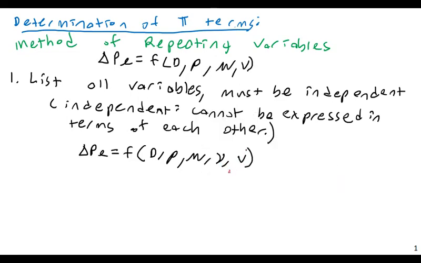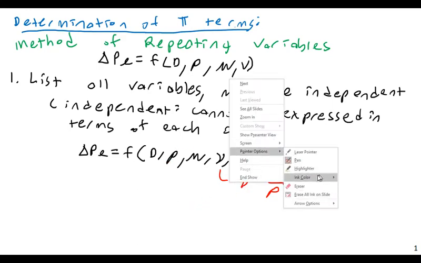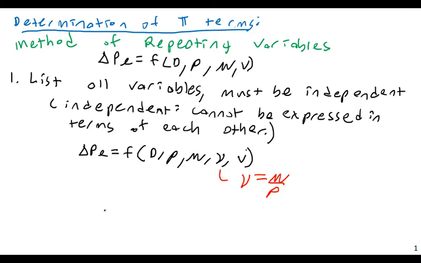I know that one viscosity can be expressed in terms of another. So, if we remember from previous lectures, nu is equal to mu over rho. This isn't going to work. In order to be independent, I can't express one of them completely in terms of the others. So if you can, you know that you don't have truly independent variables. So mu, nu, and rho are not independent.